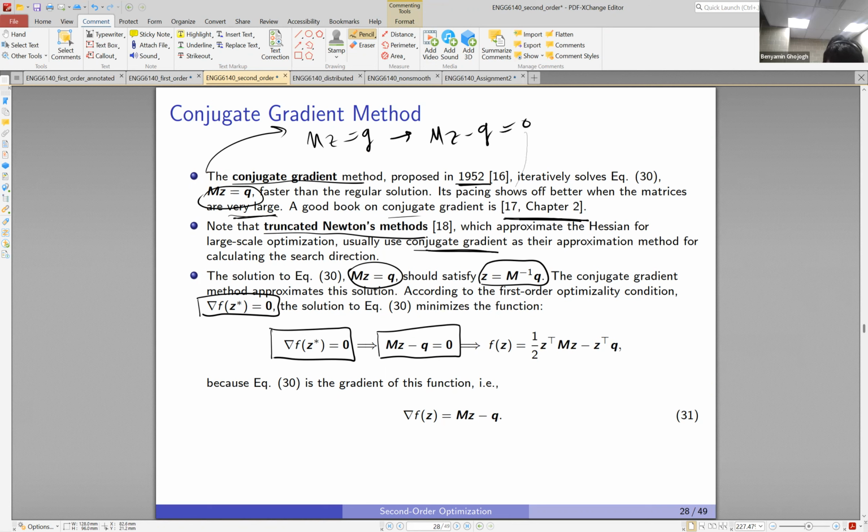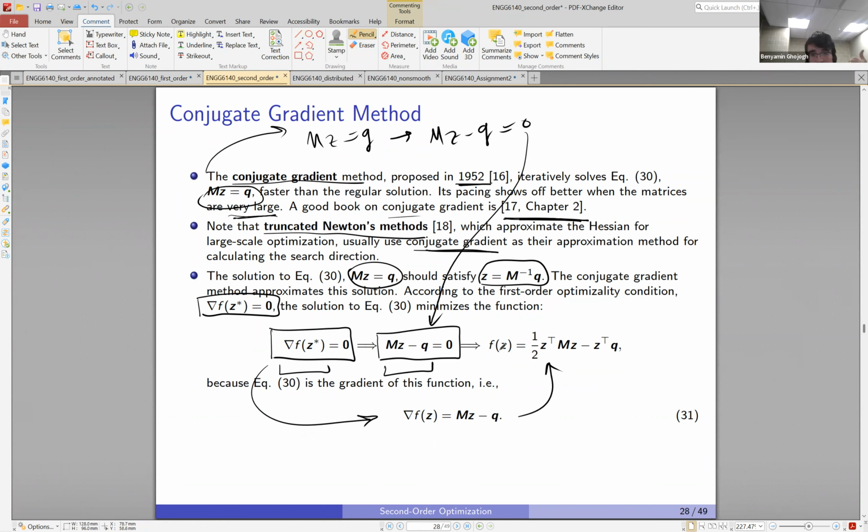And then I'm writing it here, and I'm saying, okay, here I want mz minus q to be 0. Also, I know that the gradient of f of z star should be 0 because of the first order optimality condition. Therefore, my gradient of f of z should be equal to mz minus q. Therefore, I'm doing the integral, the inverse of the derivative.